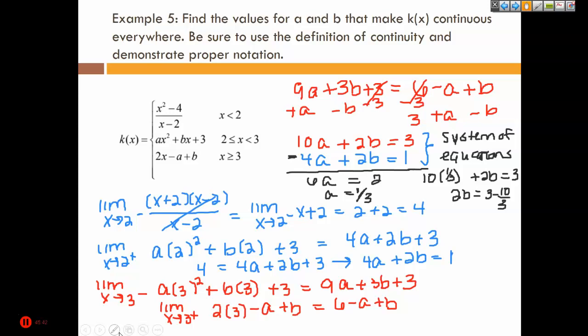So 3 is like 9/3 minus 10/3. So you get negative 1/3. So you get 2b equals negative 1/3. Divide both sides by 2. And we get b is equal to negative 1/6. So those are the values of a and b that would make this function continuous.